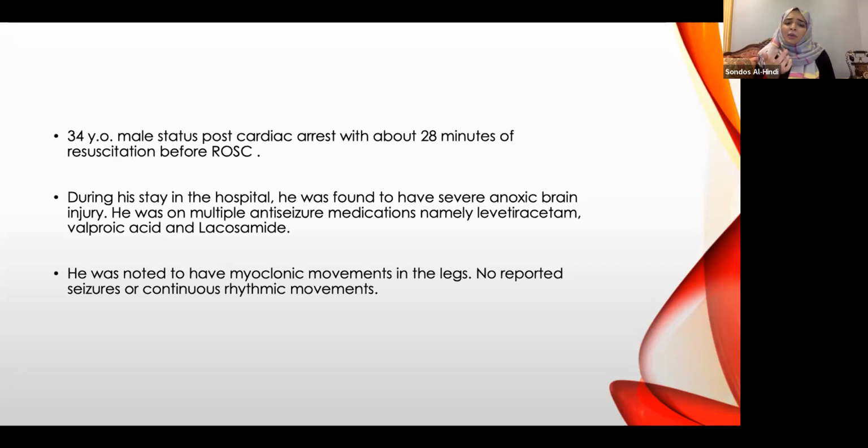He was noted to have some myoclonic movements in his leg, but no clear seizures or continuous rhythmic movements. The severe anoxic brain injury was based on CT. They saw diffuse edema and some loss of gray-white differentiation, especially in the subcortical region, indicating that this is probably a diffuse axonal injury.